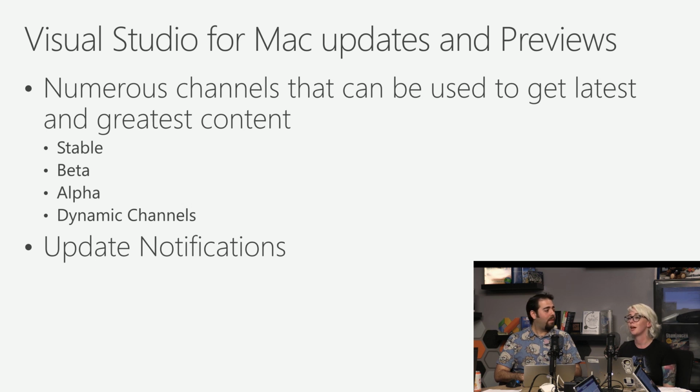We also have dynamic channels, which we add for specific purposes, such as Xcode 10. So for you iOS developers, if you were trying to keep your Xamarin iOS app up to date for iOS 12, we were sending Xcode 10 updates through that dynamic channel.